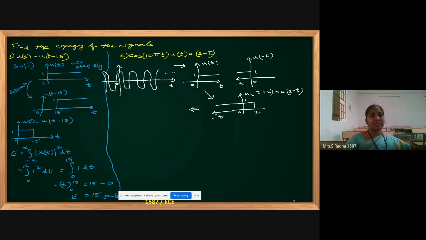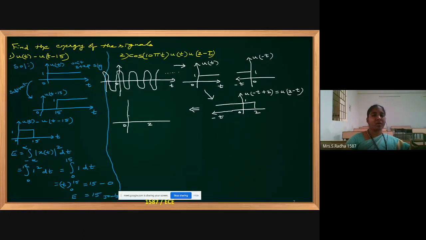In the resultant diagram we will not have any value on the negative x-axis, any value in the second quadrant. When you multiply the second diagram and third diagram, we clearly know that the final diagram is going to be between 0 and 2 only. After 2, the third diagram is 0, so 0 into anything is 0.